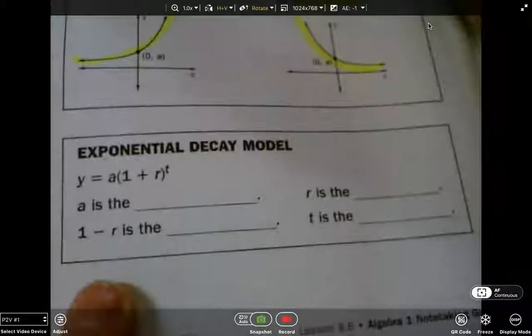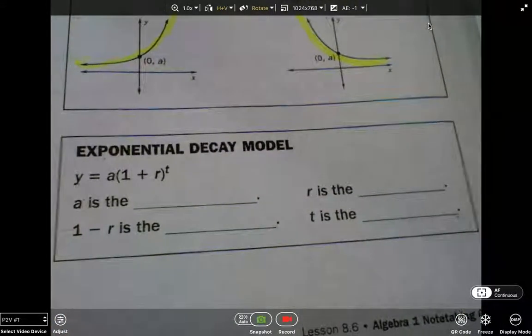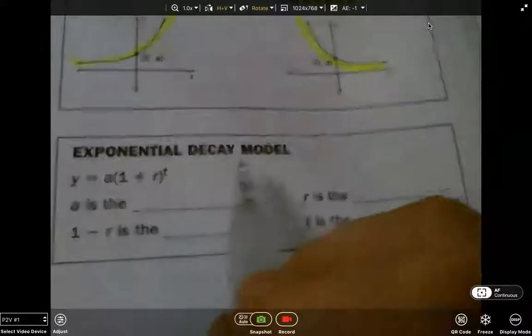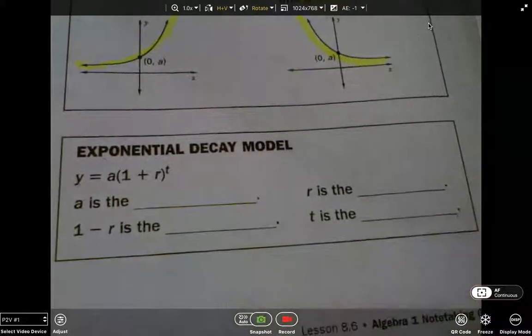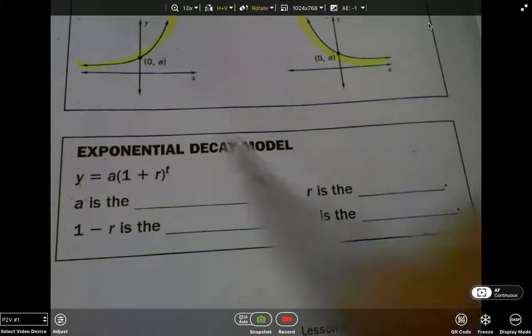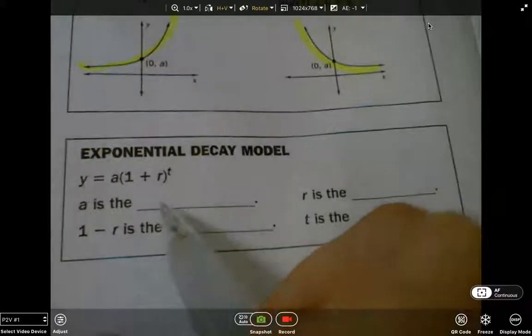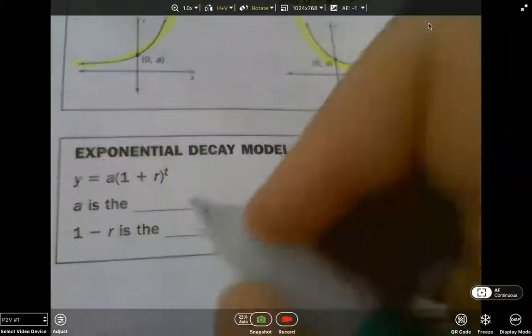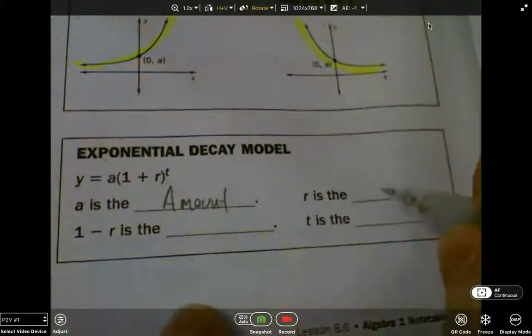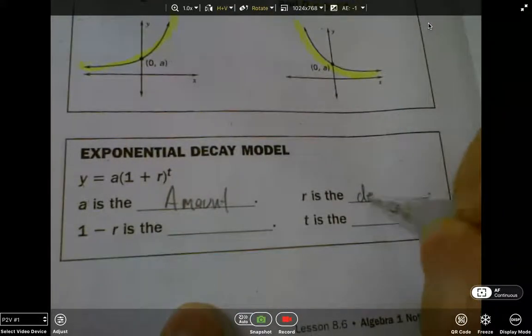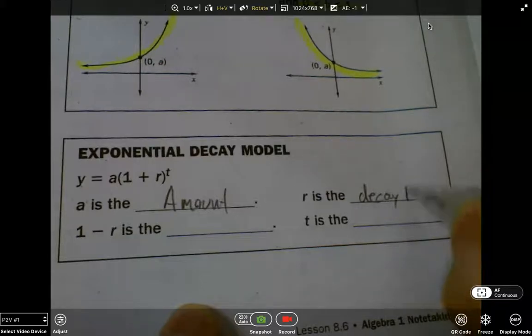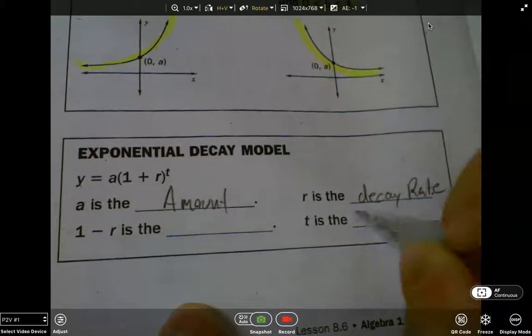The last part of this section talks about the exponential decay model. Instead of compound interest that gets bigger and bigger, your money will get smaller and smaller exponentially. Not much has changed. A is still your amount, R is still your rate, now the decay rate, and t is time.